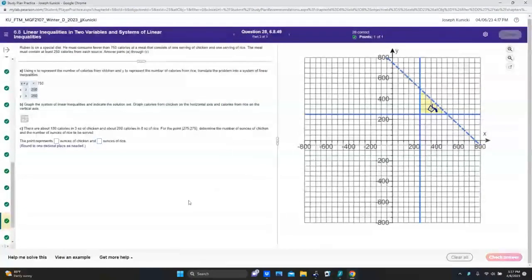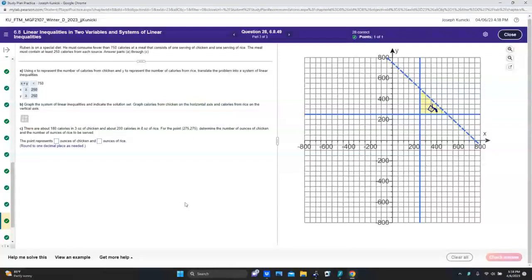And now they kind of change course on us, and I'm going to have to show you how to do this. It's what it is. It's proportions. It says there's about 180 calories in 3 ounces of chicken. So 3 ounces of chicken equals 180 calories.